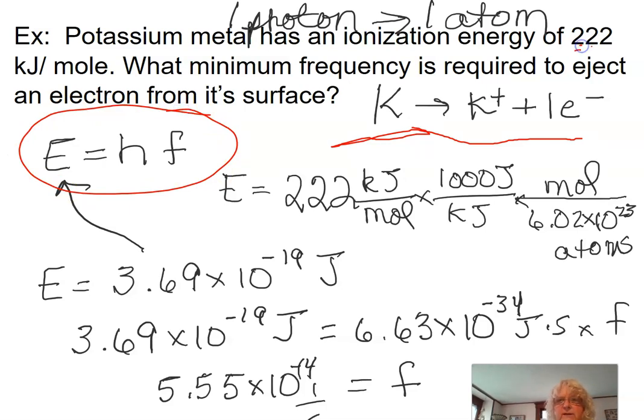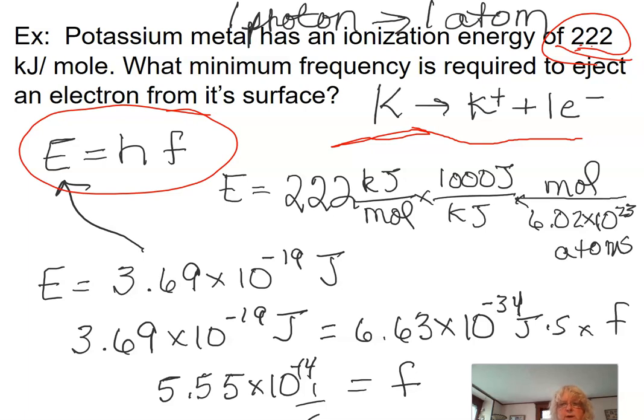So I know the energy. It's 222 kilojoules per mole. The problem is that the equation E equals hf only works when I'm talking about the energy associated with a single photon. And it's 1 photon per atom. So I have to convert my energy. Instead of being joules per mole, it needs to be joules per atom.